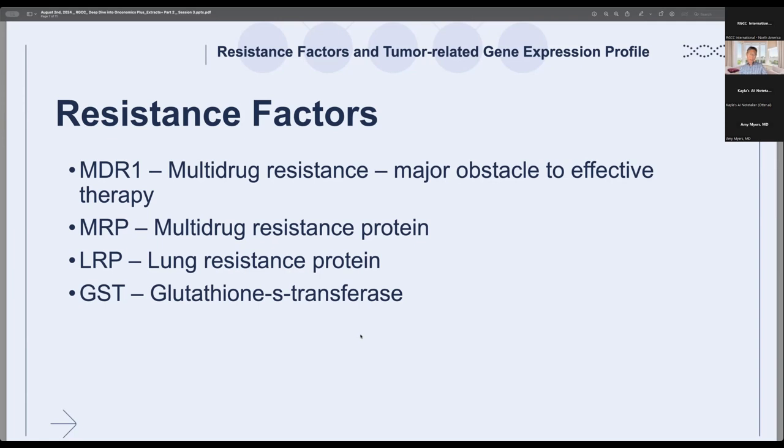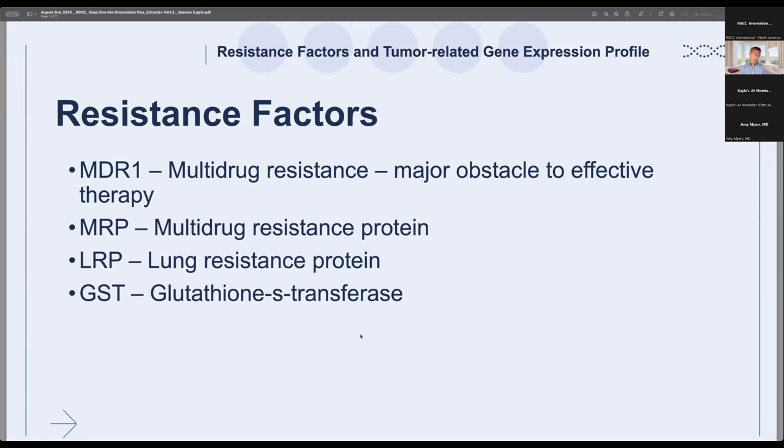The GST is the glutathione S-transferase. That's the detox pathway phase 2 or deactivation, and so when the GST is high, the cancer cells can eliminate much more effectively than a normal cell.